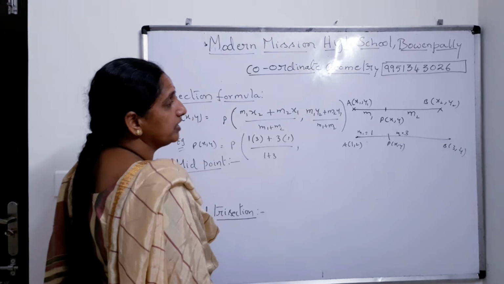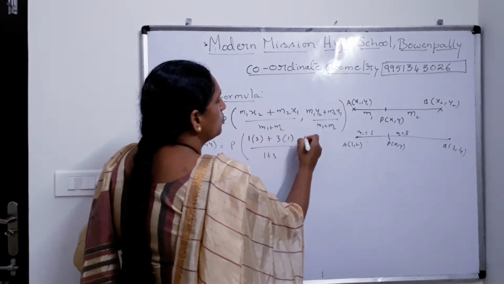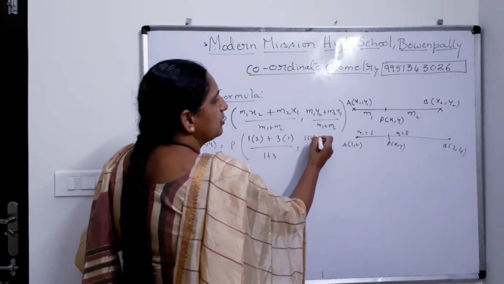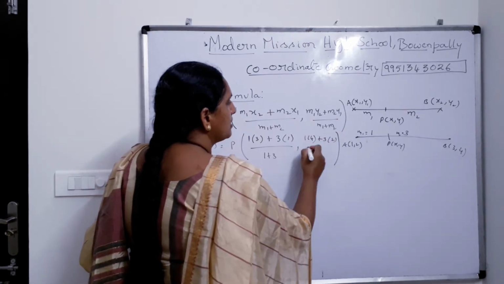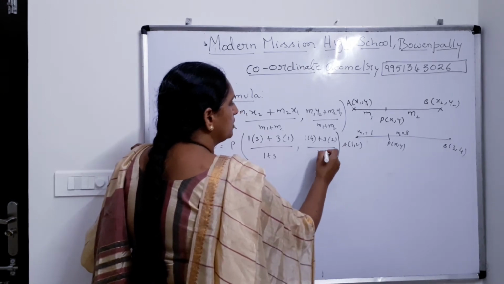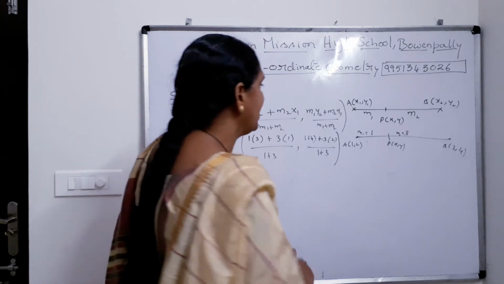This is the x coordinate, whereas the y coordinate is m1 y2, 1 into 4, plus m2 y1, 3 into 2, close the brackets, by m1 plus m2, that is 1 plus 3. On simplification, what will we get here?